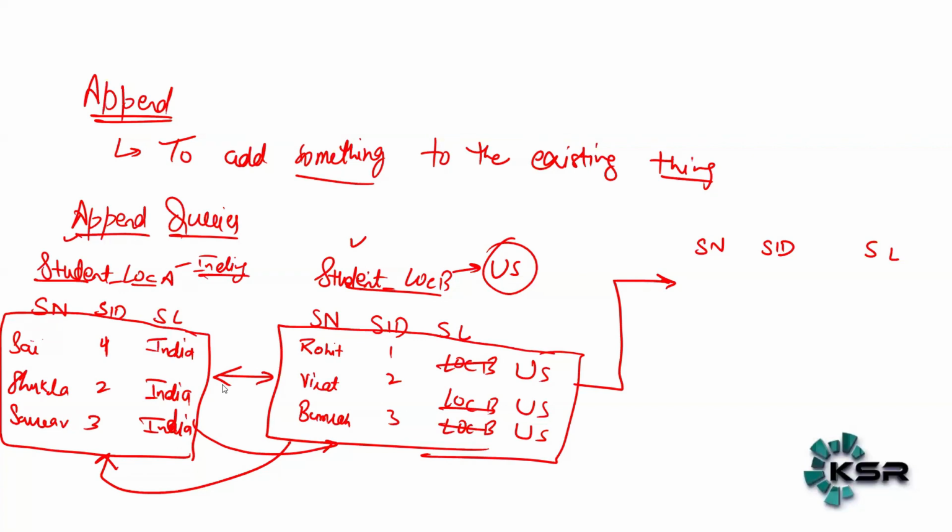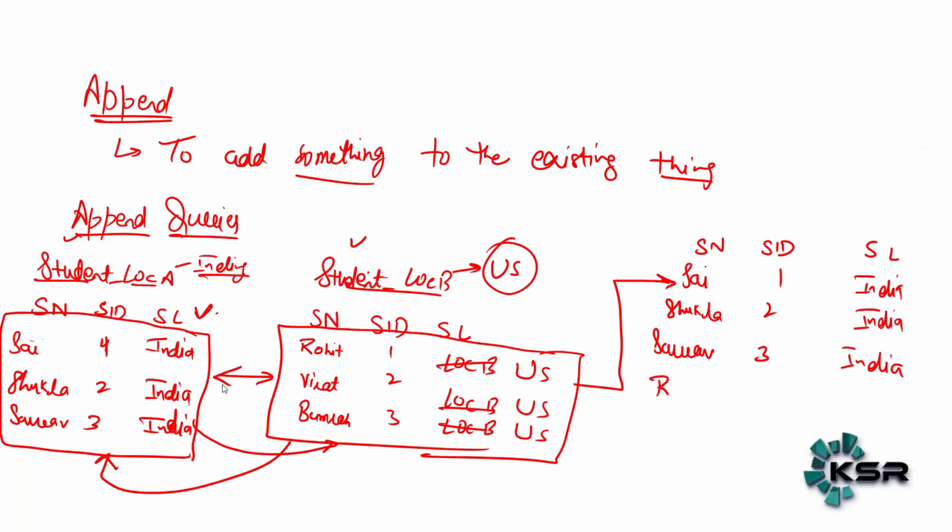So what will happen? You will get all the records from this table first: Sai, Shukla, Saurav, 1, 2, 3, India, India, and India.